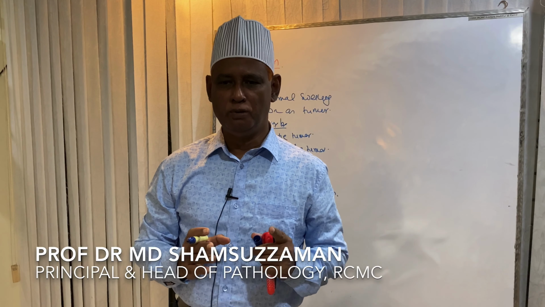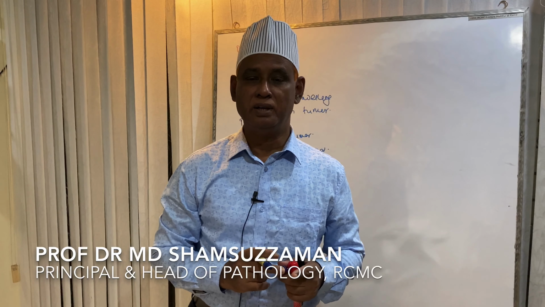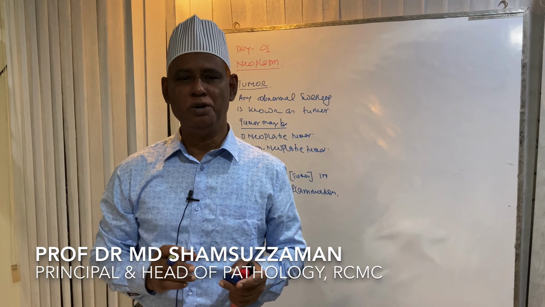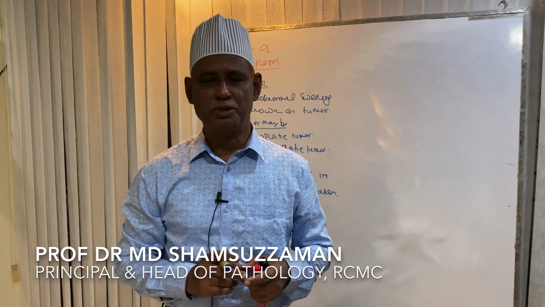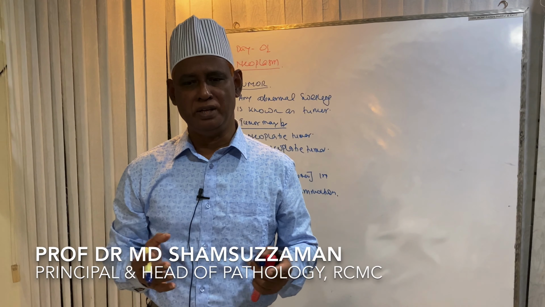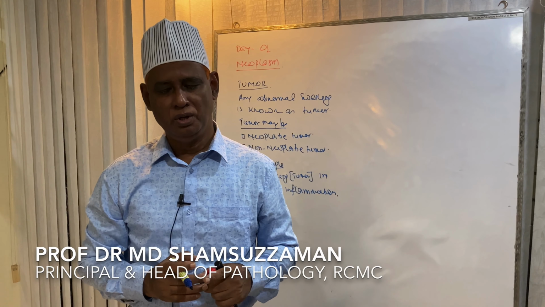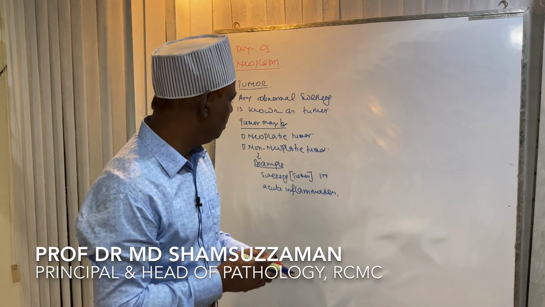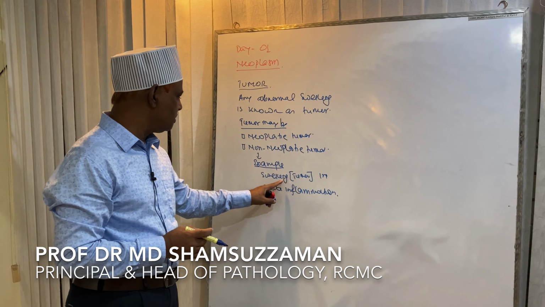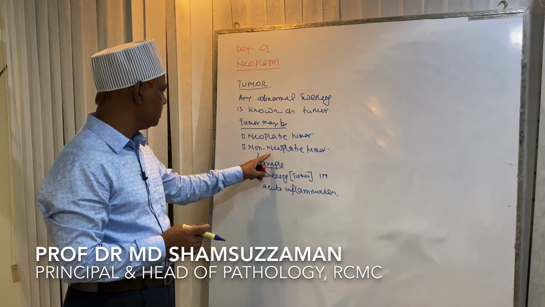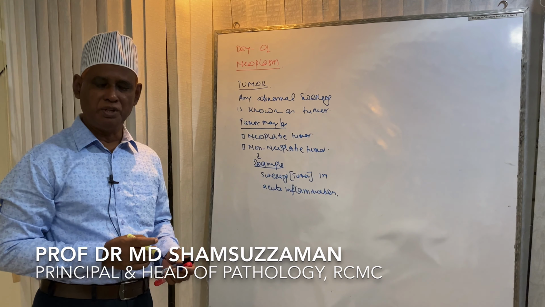So in acute inflammation, one of the cardinal signs is tumor, which is nothing but swelling due to exudate. So the swelling or tumor in acute inflammation is an example of non-neoplastic tumor.